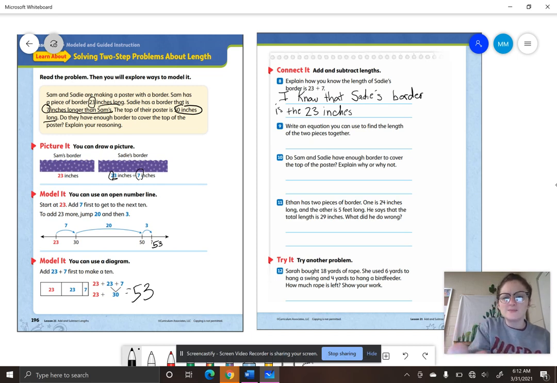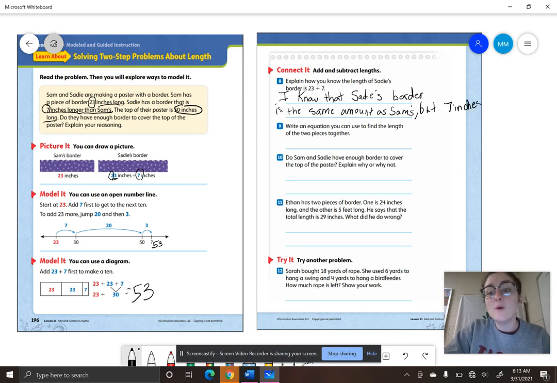Hold on, Miss Mason's, let me think this through. Sometimes I need to think before I write. All right, I know that Sadie's border is the same amount as Sam's, but 7 inches longer.